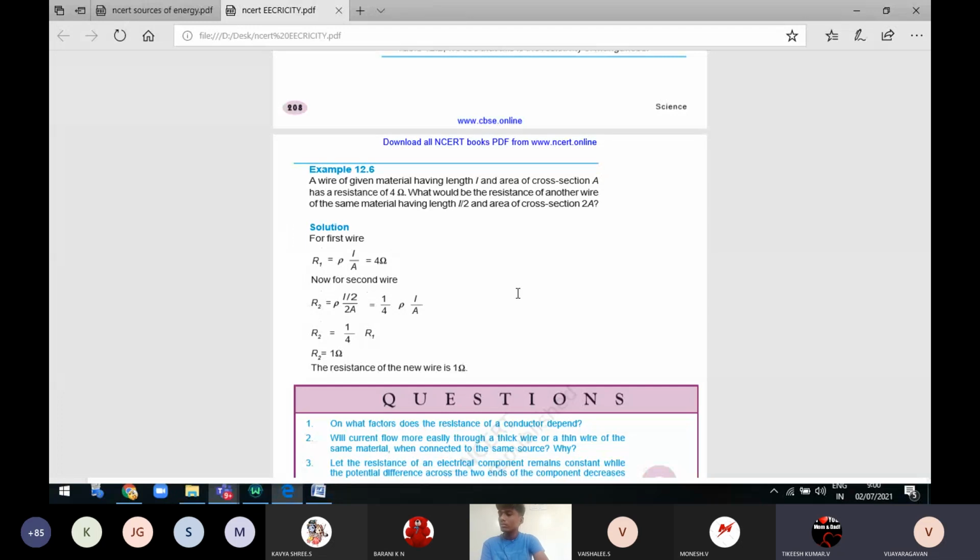What would be the resistance of another wire of the same material having length L/2 and area of cross section 2A? Read this question once again, Tikesh Kumar. The wire of given material has length L and area of cross section A, and has a resistance of 4 ohms.